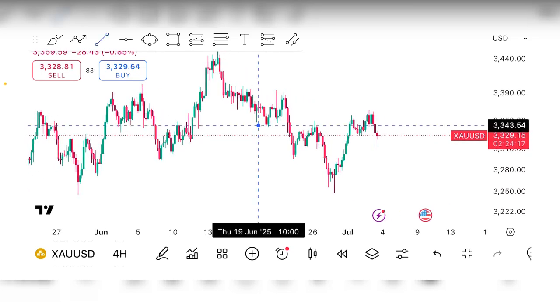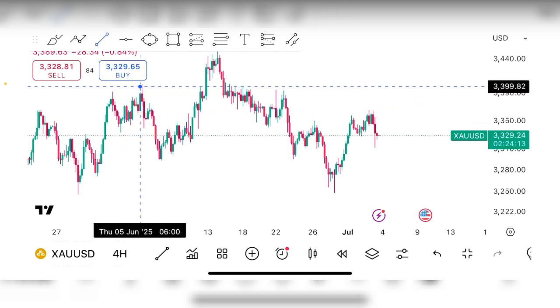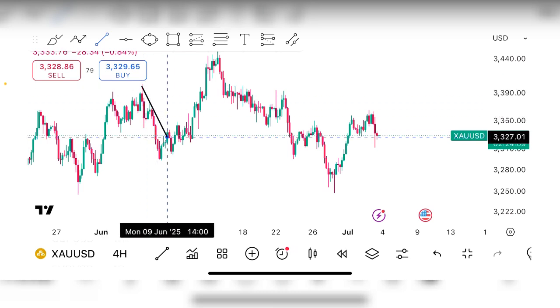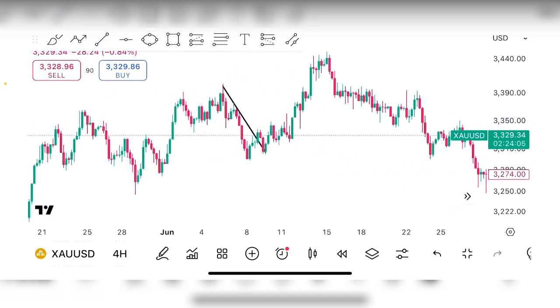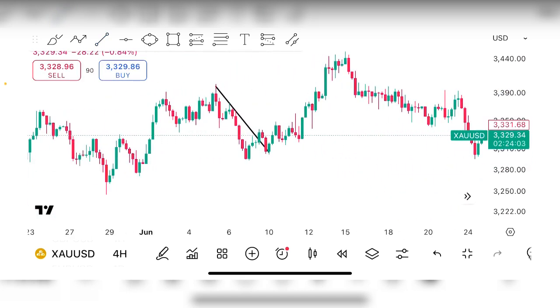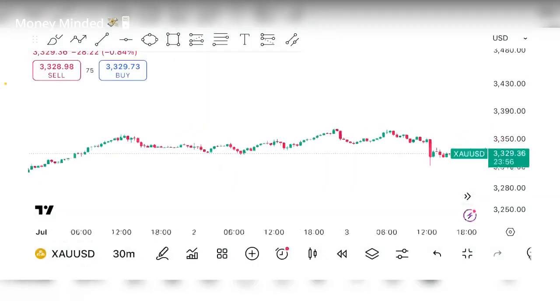Okay, let's go with resistance more before we go into support. So this is a downtrend, a mini downtrend. So we know the market is going down. What you have to do now is simple. You go down to the 30 minutes to start looking for your entry.